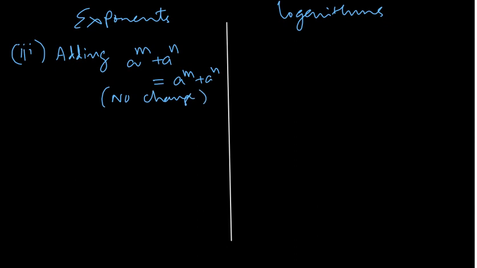So here, if you are adding log a plus log b, of course the base is a common base. You can consider this base as 10 and this also as 10. This becomes log ab to the base 10.